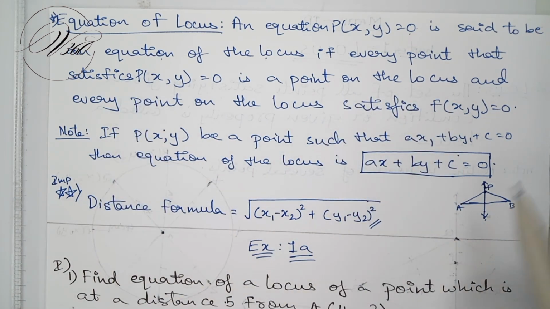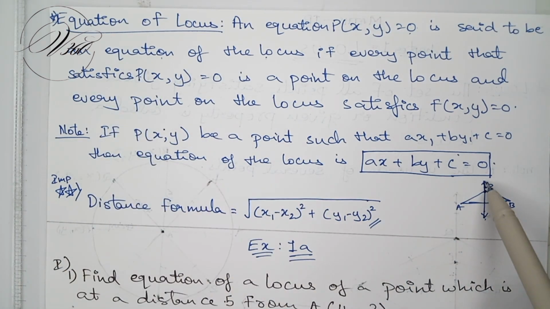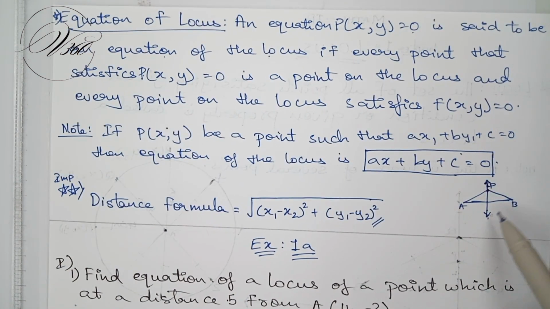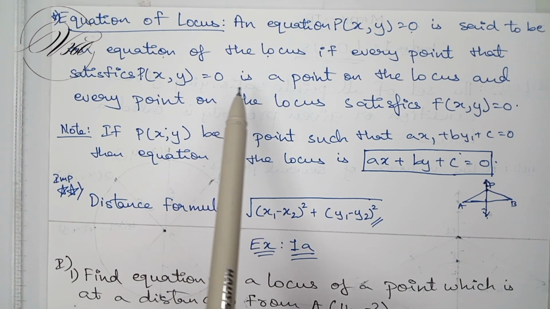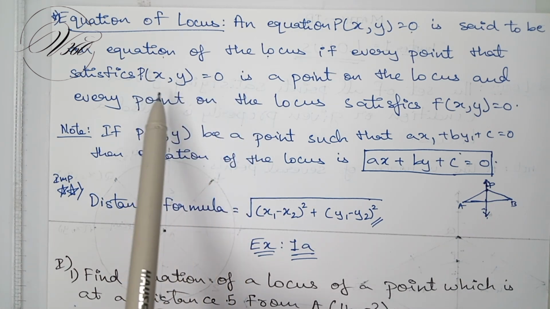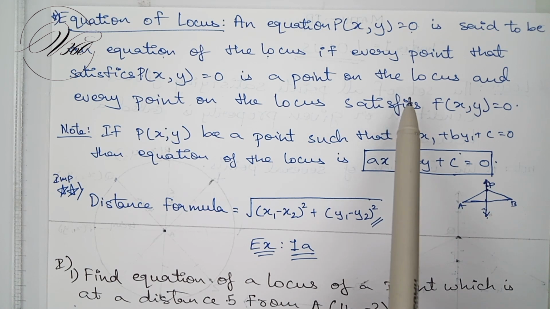Now here I mentioned P because I have taken P here. If there is P here or P anywhere here, and if it equals 0, then the coordinates or the point P is a point on the locus.